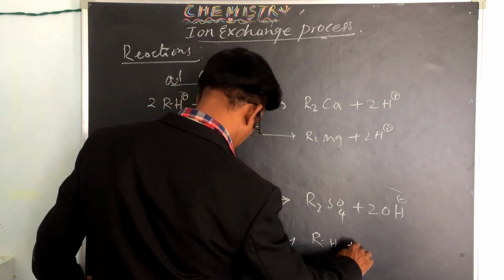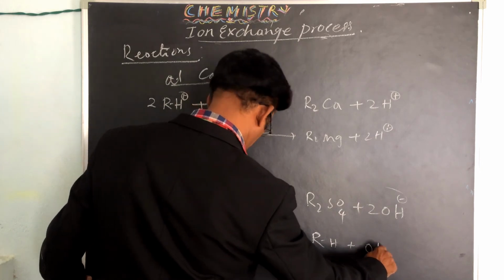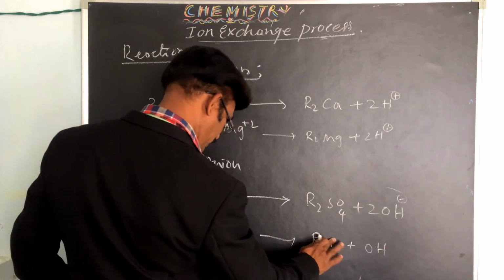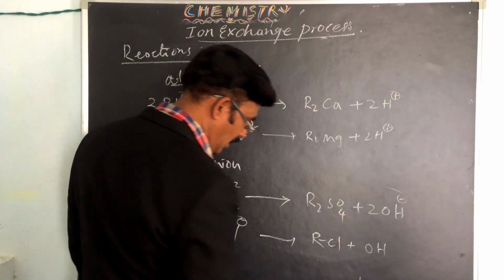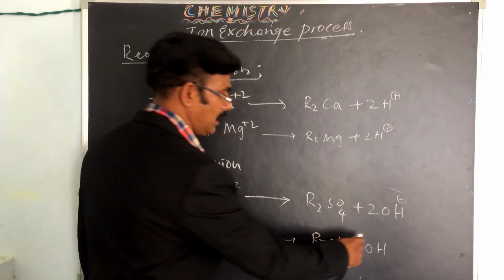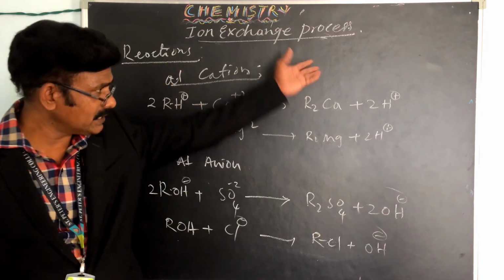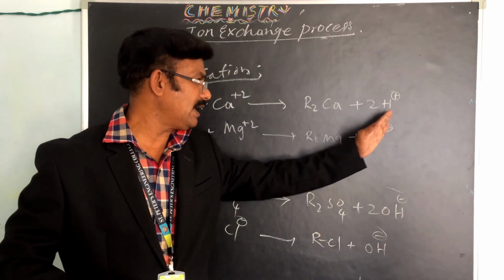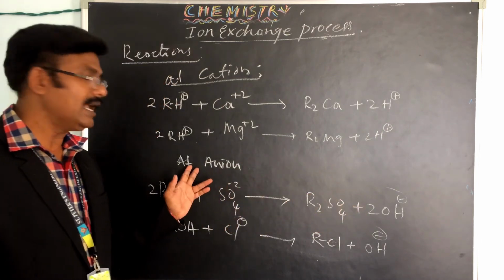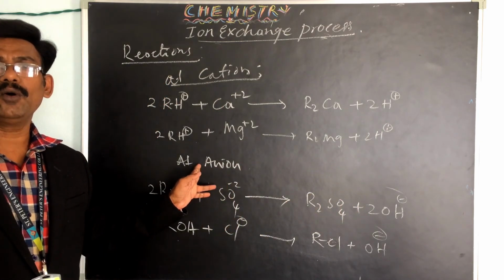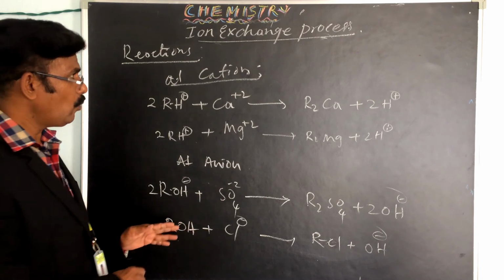RH plus OH minus. RCl, OH minus. So in all the first two cases, H plus ions are released at the cation position and OH minus are released at the anion position. Now at the end of the process, what is there?